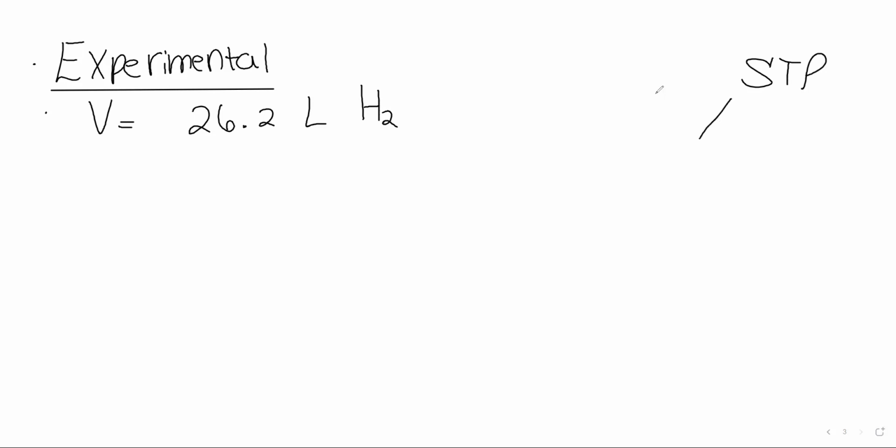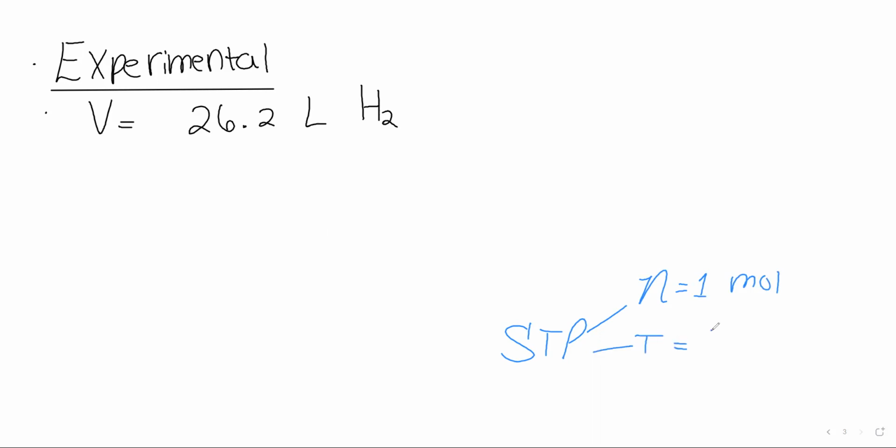Well, STP means, let me write it below. STP means N is 1 mole, temperature must be 273, pressure must be 1 atmosphere, and the volume must be 22.4 liters.